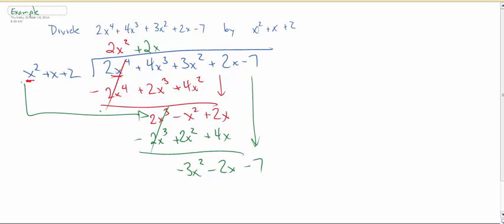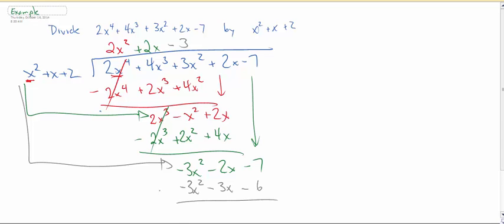Now we repeat the process again. This x squared wants to become negative 3x squared. So we need to multiply by negative 3. And we distribute that negative 3 through to the whole polynomial. And we subtract. The x squared term crosses out.